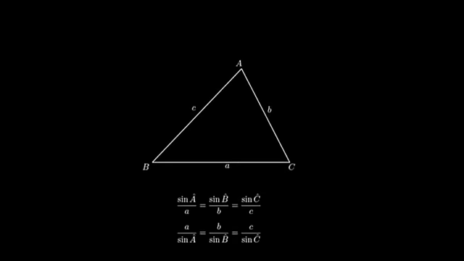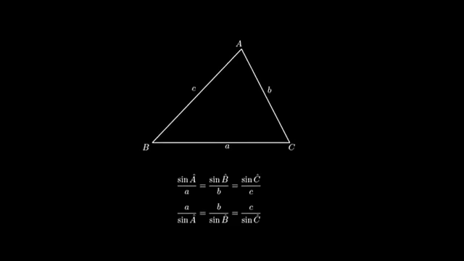Okay, if you look at this triangle here, here is the rule, it's been given to you. Let's look at the first format. It's where you have sine of the angle, so that would be sine of angle A divided by the side, and note that it's a corresponding side. So the angle must be opposite the side, in other words, okay?